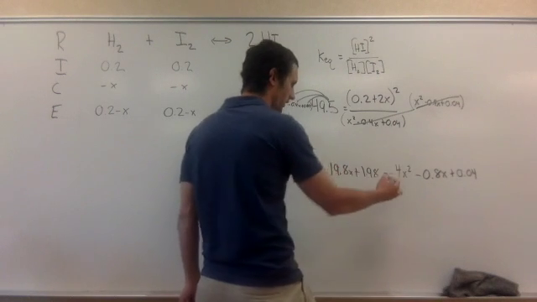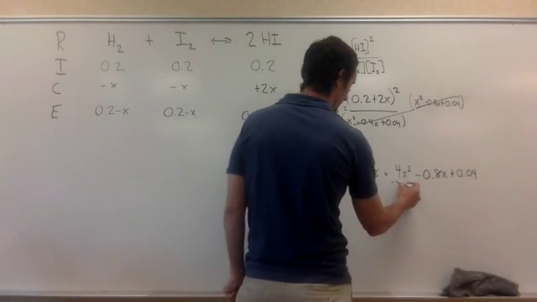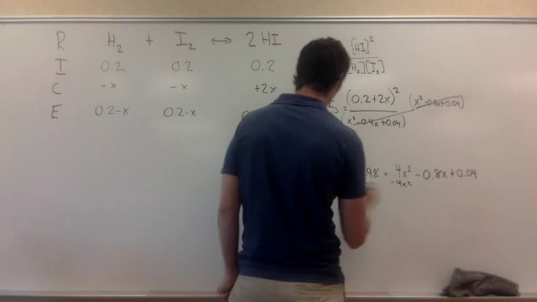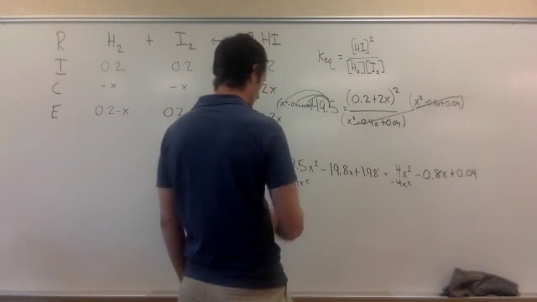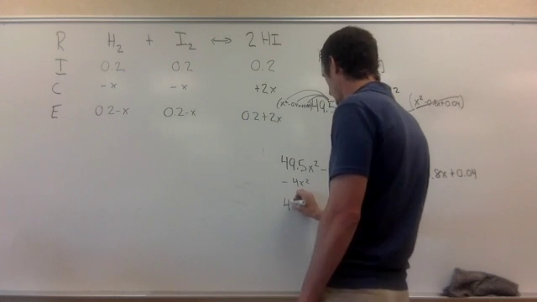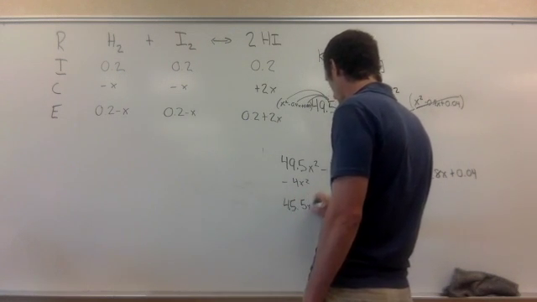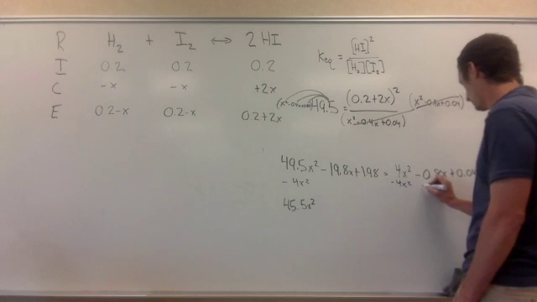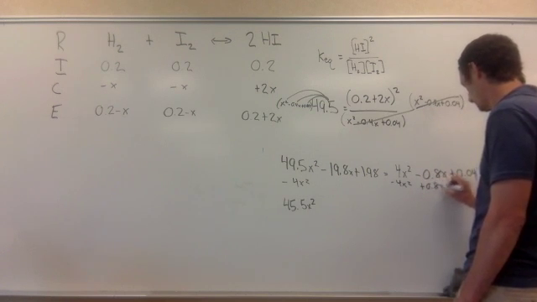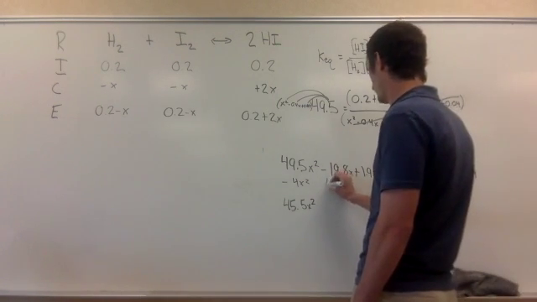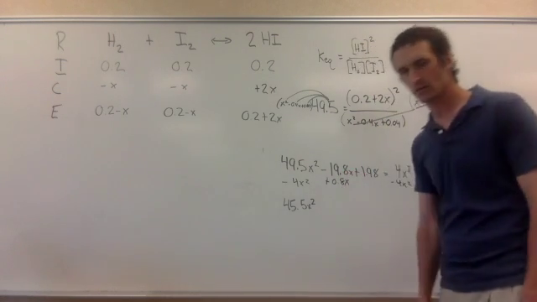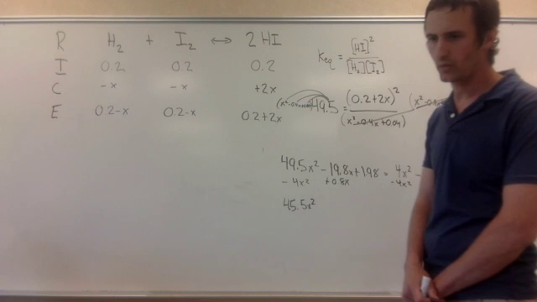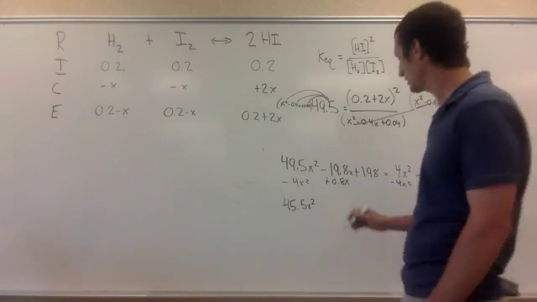So what am I going to do? I'm going to combine like terms. Let's see, that's 40. Right? Add 0.8x, that's 20.